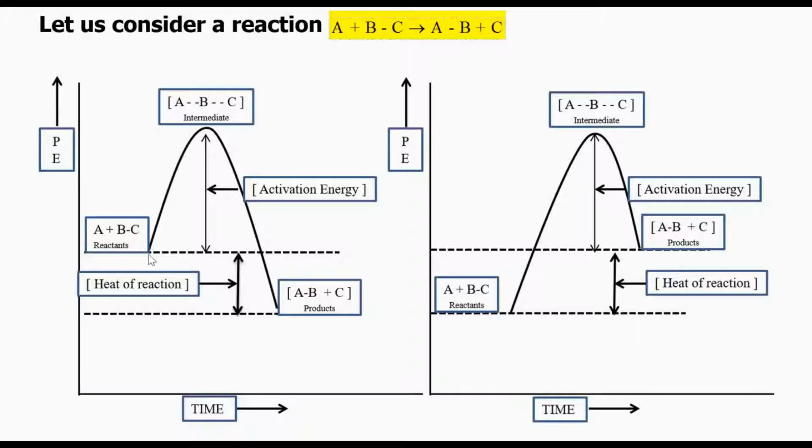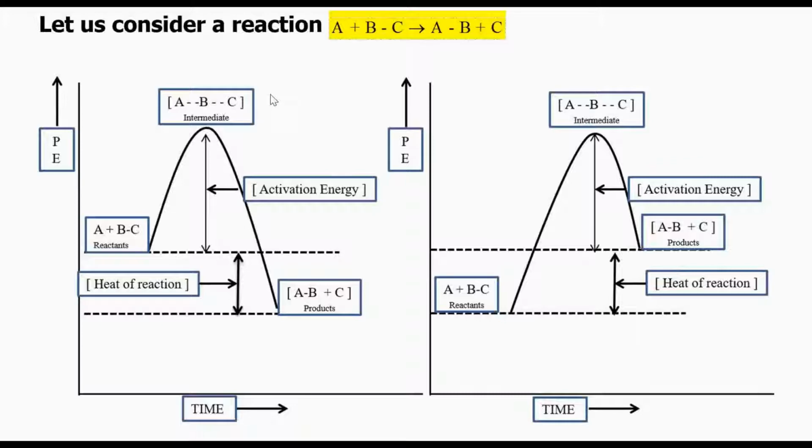So the energy of the reactants will increase and it will reach a maxima, and at that stage an intermediate will be formed. Here you will see that you have A, then a broken bond, then B, then a broken bond, then C. This intermediate is a transition state.